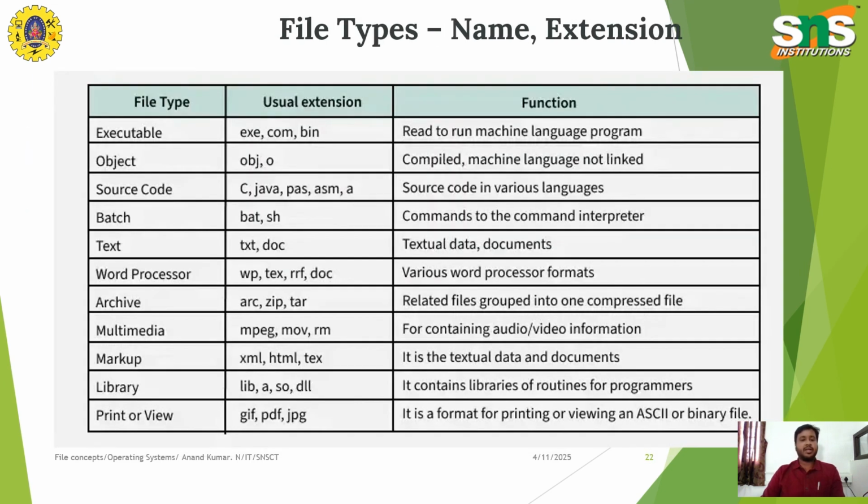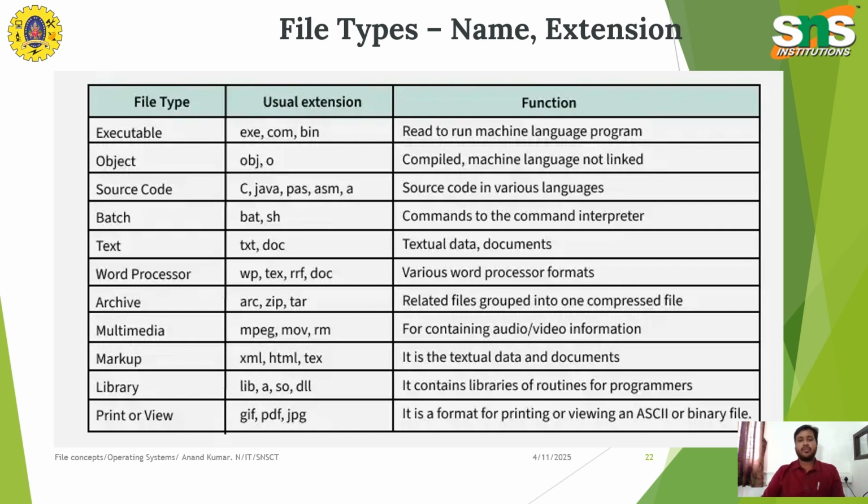Regarding the multimedia file type, the usual extension we follow here is .mpg, .mpeg, or .mov, and of course now .vob, etc. It contains audio and video formats. Regarding the markup files, that is HTML, .html, .xml, .tex, it is considered a textual data document. Next is the library file.